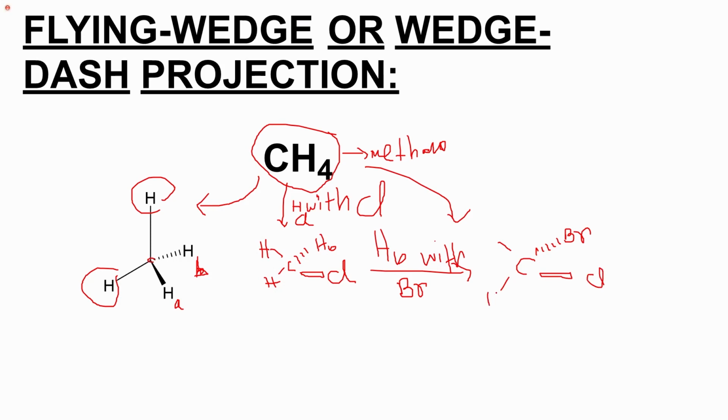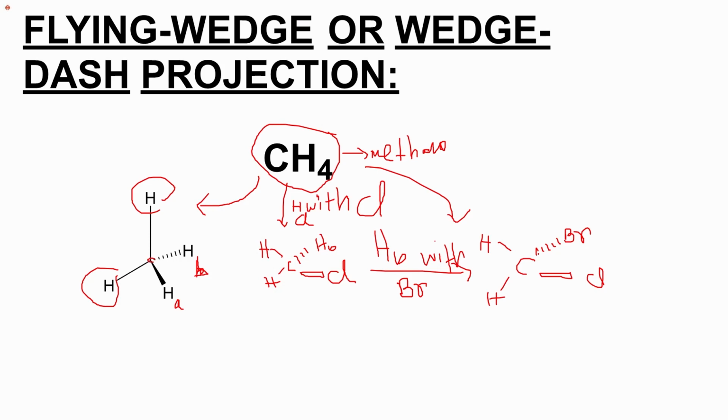Now this is a hydrogen and this is a hydrogen. These two hydrogens are in the plane, and chlorine is above. So let's say this is a plane. The chlorine is in the above position, and the bromine is below. It's like a tetrahedral, pyramidal shape.